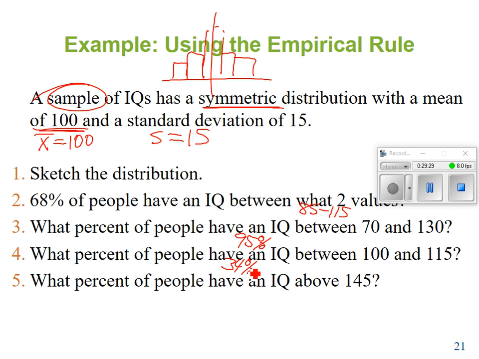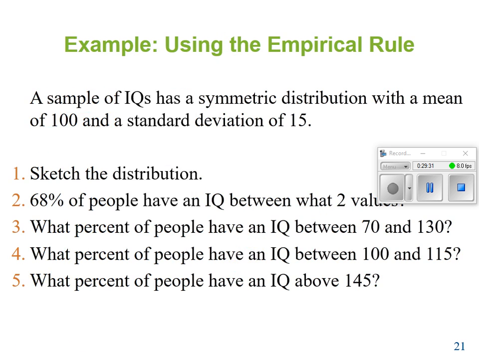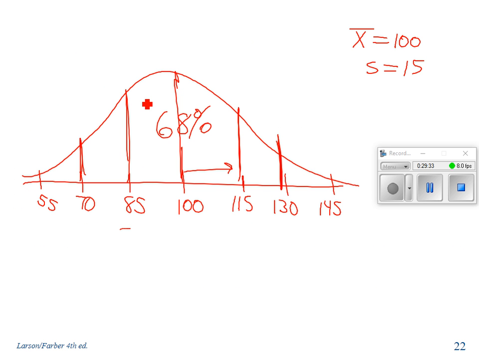What percent of people have an IQ above 145? Above 145. It's 0.3 for the two ends, right? How would we find half of that?